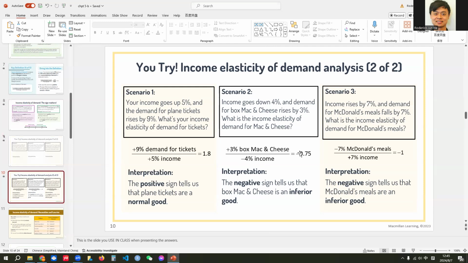So that's minus 0.75. The negative sign tells us this good is inferior. When you make more money, you want to stay away from mac and cheese. Okay. So that's basically the idea. And that tells you the sign actually matters.